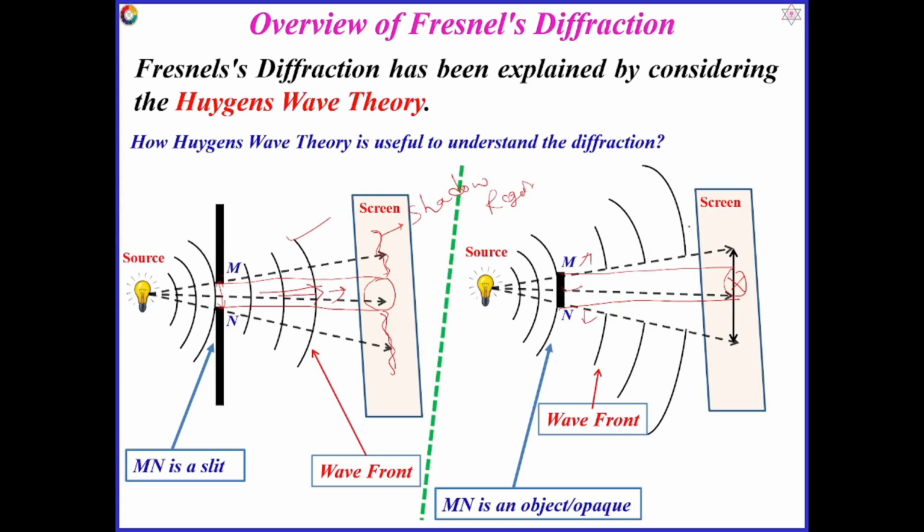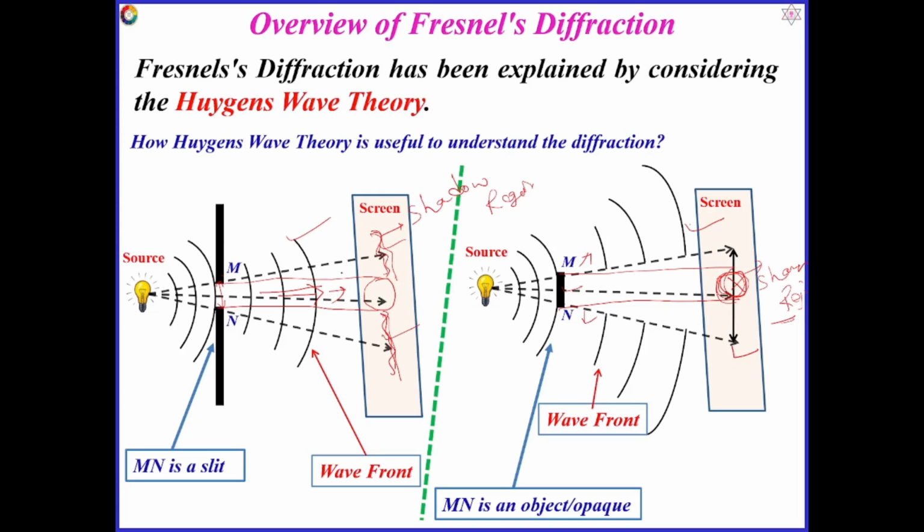So the illuminated regions for this case are this one and this one, and this portion will be the shadow region for this case. For the slit case, this portion and this portion are the shadow regions. But how does the light travel to these shadow regions?